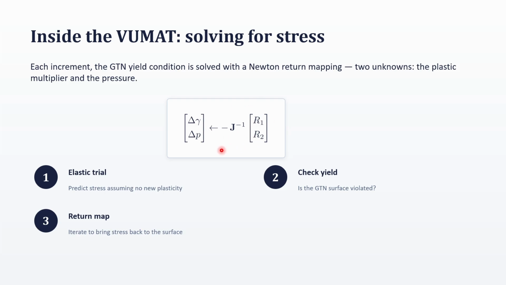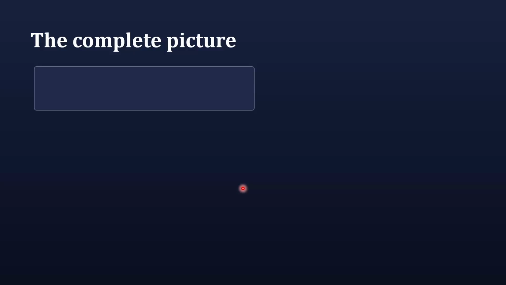This is how the return mapping works. We iterate in order to bring stress back to the surface. And we update damage, we grow porosity, we build the history field, we degrade and we delete elements. So this is what the VUMAT follows.